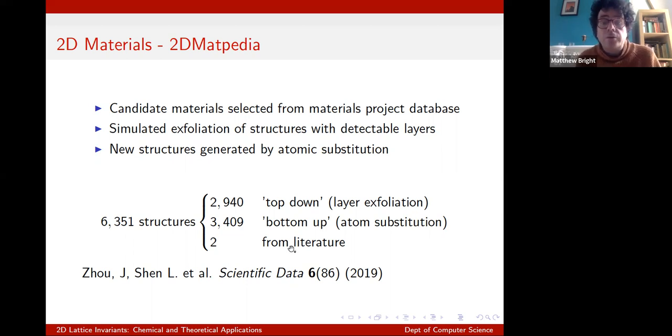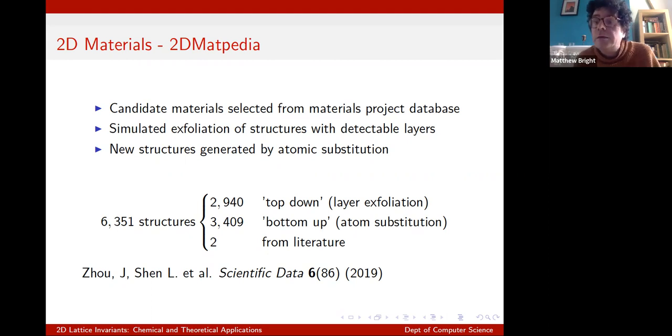A lot of them are done via what's called a top-down process. They call this layer exfoliation. This is a purely geometric simulation, essentially in which you look at how connected topological features grow as you expand the unit cell. If you have a two-dimensional connected topological feature, it'll grow as n squared.